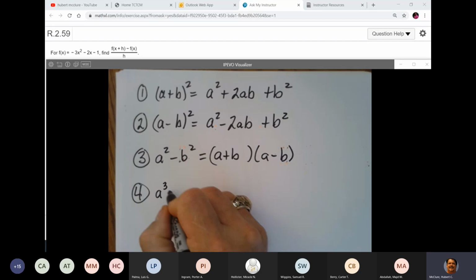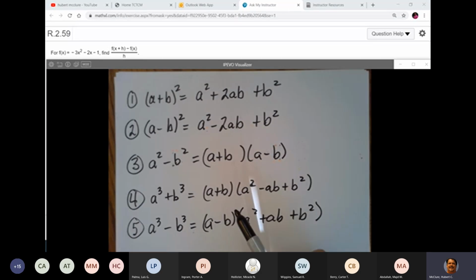Most of the time you're going to be dealing with the first two, shortcut number 1 and shortcut number 2. Everybody should be saying to themselves right now, oh yeah, I remember those. If you're not, then you need to go to my Math 110 or 109 and go back over these in the review, or send me the questions if you run into one.